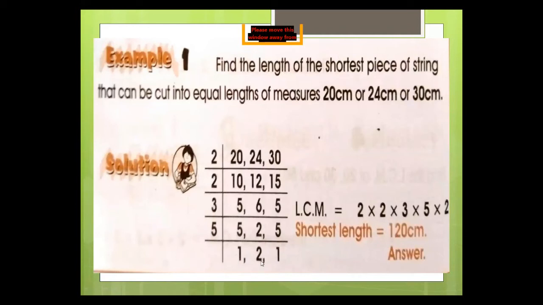So if the divisor is not 1 but a prime number, then you take these divisors as factors: the numbers 2, 2, 3, 5, and this 2 also as a factor of these three for the LCM. So if you multiply 2 into 2 into 3 into 5 into 2, then the answer is 120.